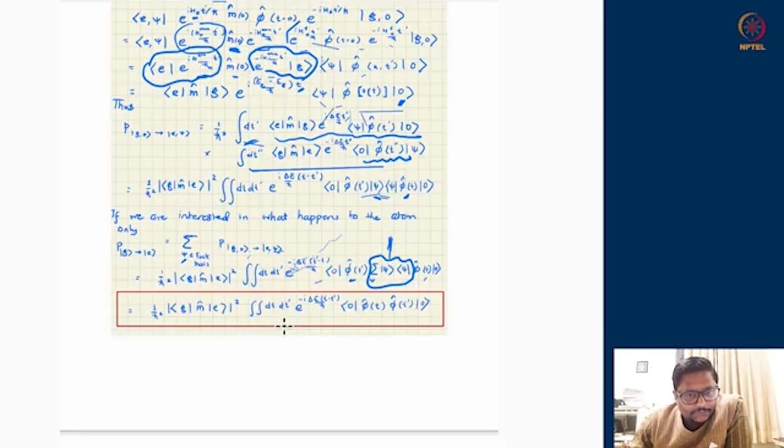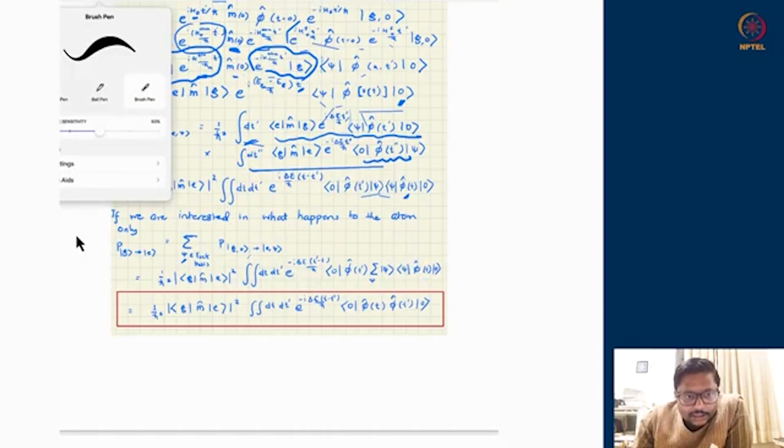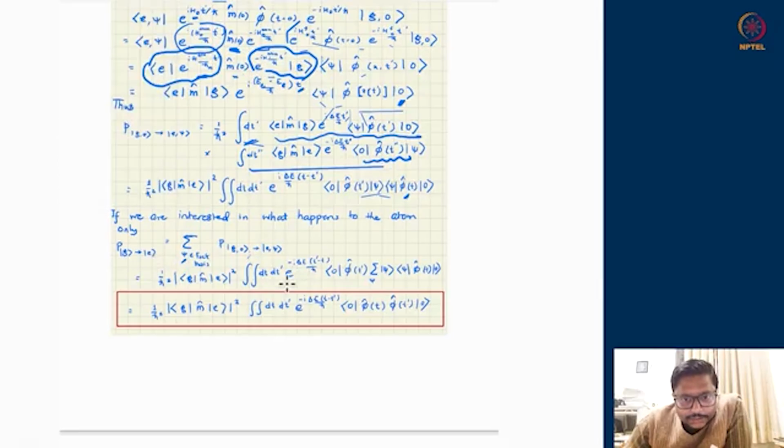T prime and t can be flipped, in the sense that I can relabel whatever was t prime as t, and whatever was t as t prime. This is just an integration variable change. Under that you can see that this just becomes e to the power minus iota t minus t prime, because I'm going to call t prime as t and t as t prime. Phi at t prime becomes phi t, and phi at t becomes phi t prime.